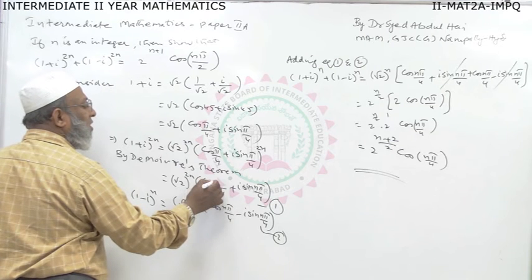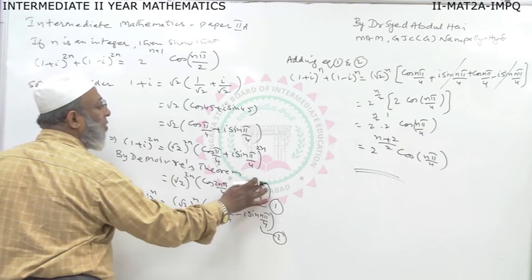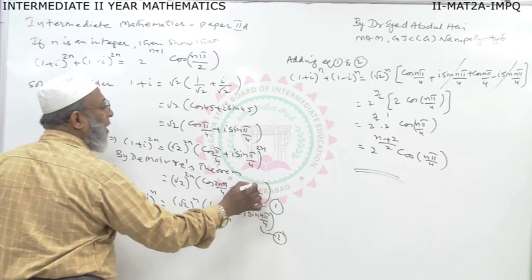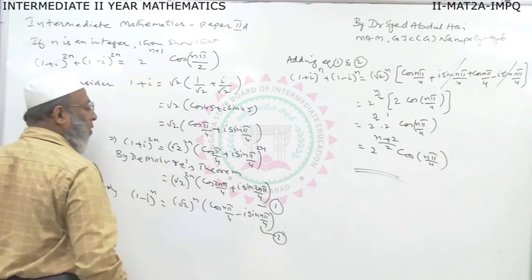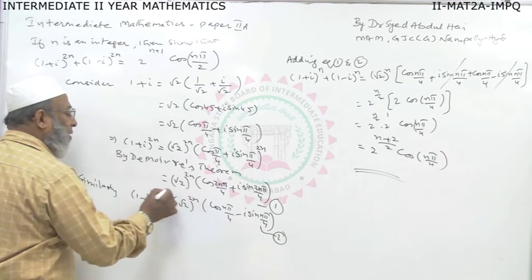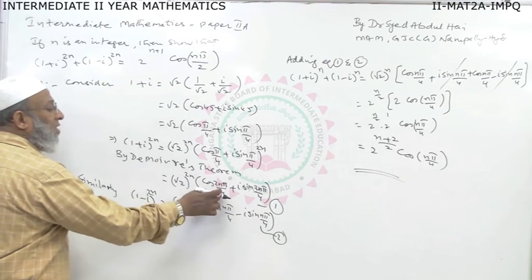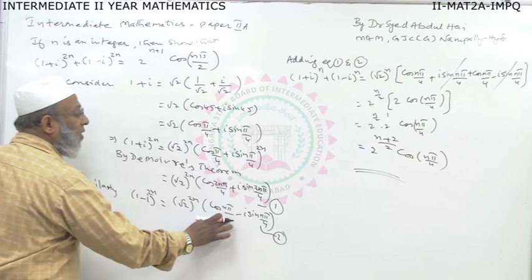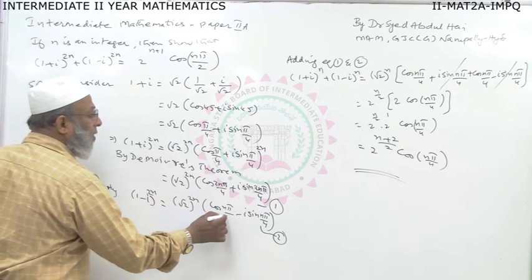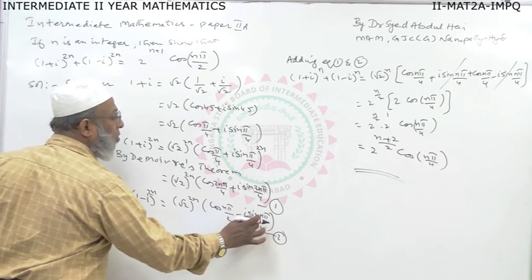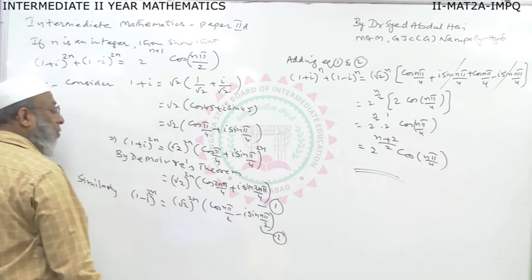So, this gives me 2n pi by 4 and this gives me 2n pi by 4, or this is nothing but 2 cancels, that is it gives me cos n pi by 2. This is nothing but cos n pi by 2, okay.